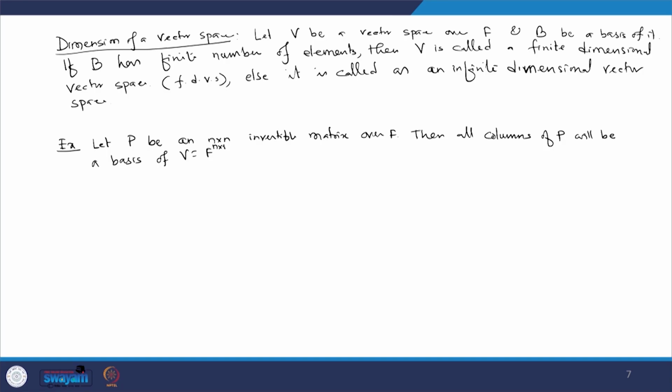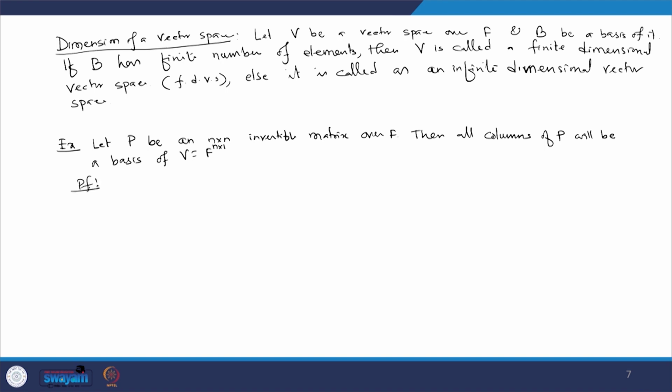This is again a vector space. Now, I have considered P to be an invertible matrix, and I claim that the columns of P form a basis for this corresponding space.